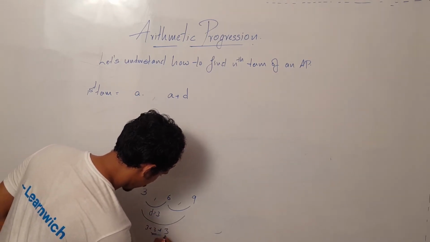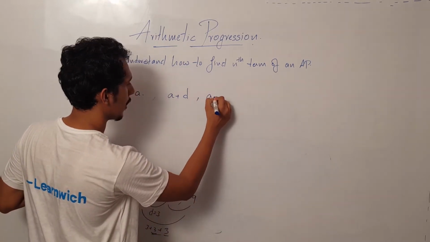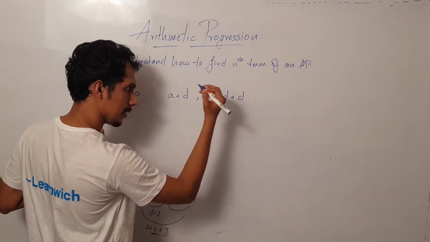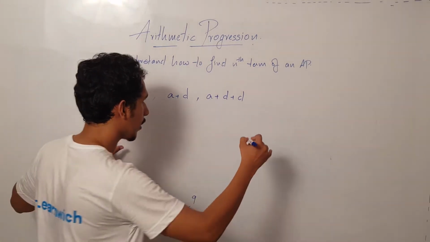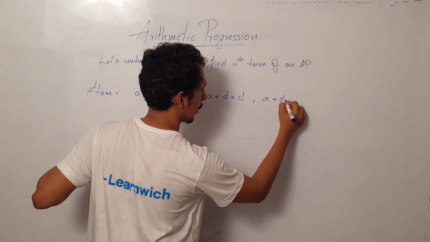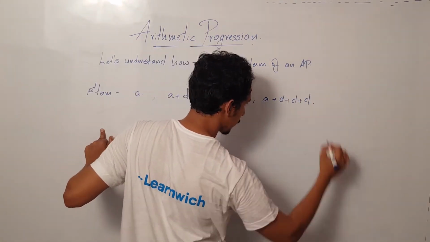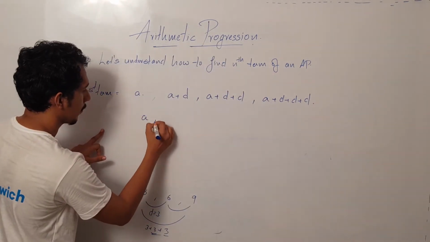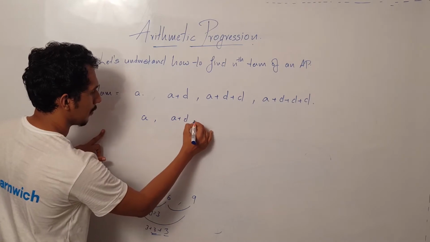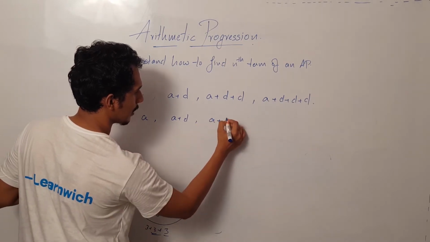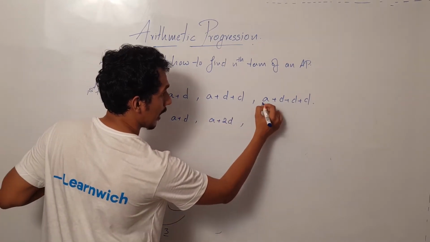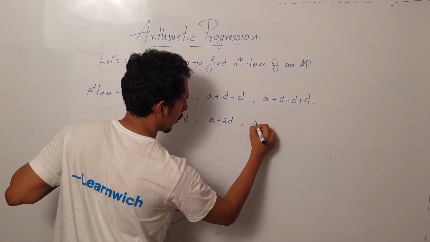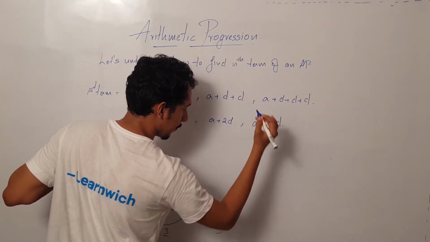So I can say the third term would be A plus D plus D. Fourth term will be A plus D plus D plus D. So observe, this will be A, this will be A plus D, this will be A plus 2D, A plus 3 times D, A plus 3D.